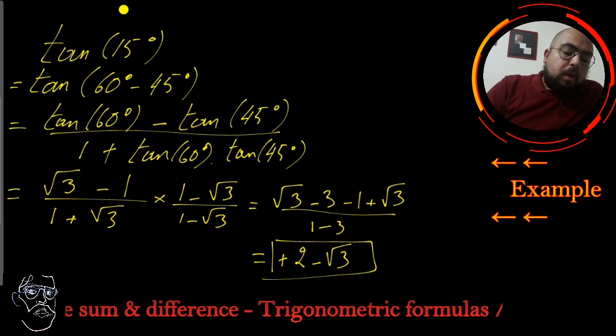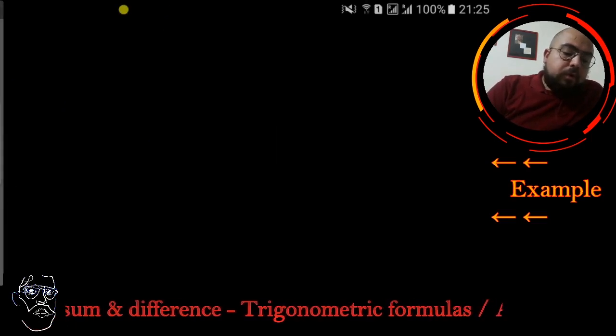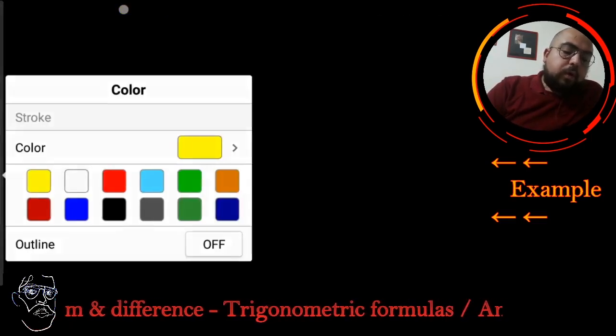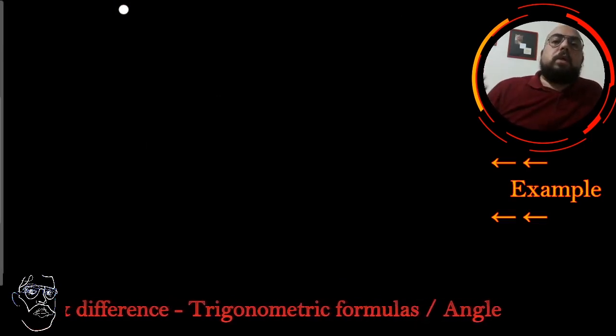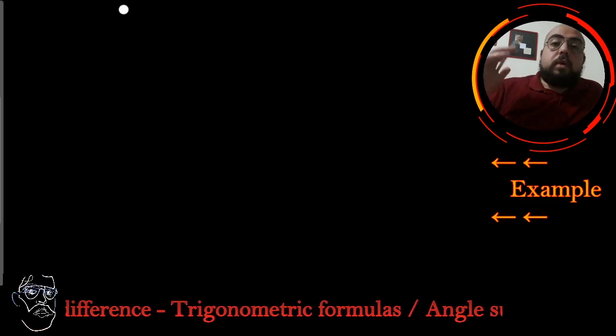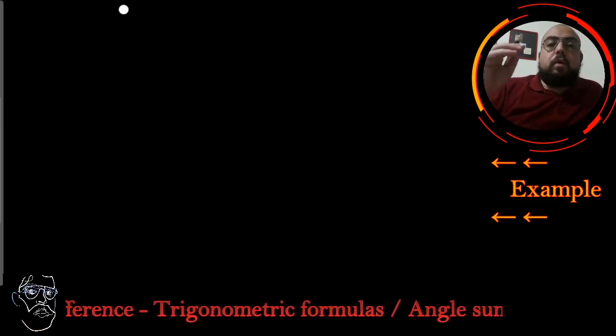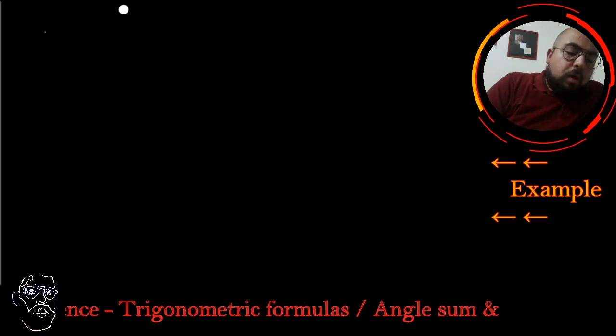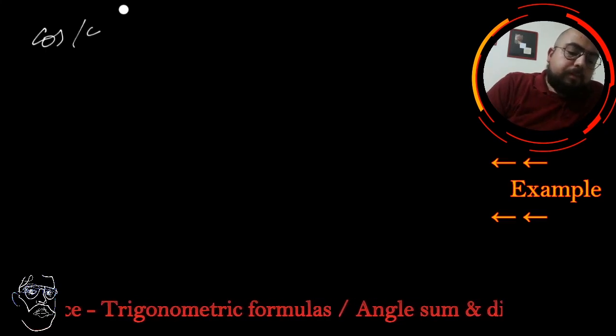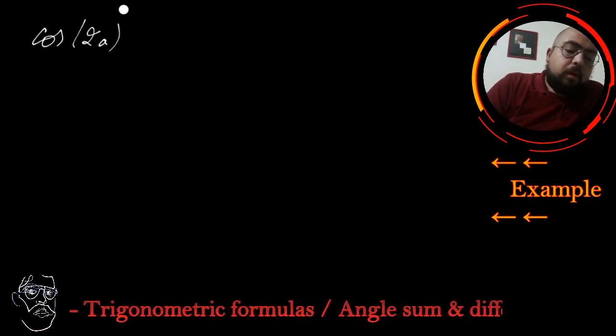Now I'm going to use some particular angles where we are duplicating, where instead of A plus B, we will discuss A plus A, so I will have to discuss cosine 2A. So what about cosine of 2A, the double angle?